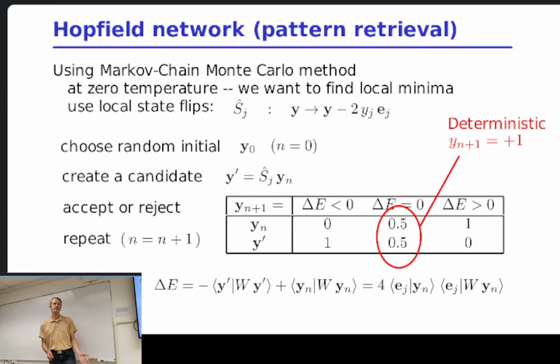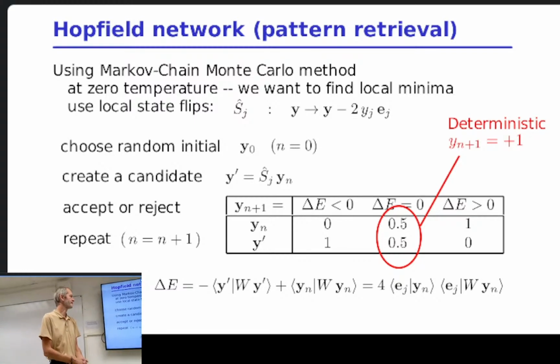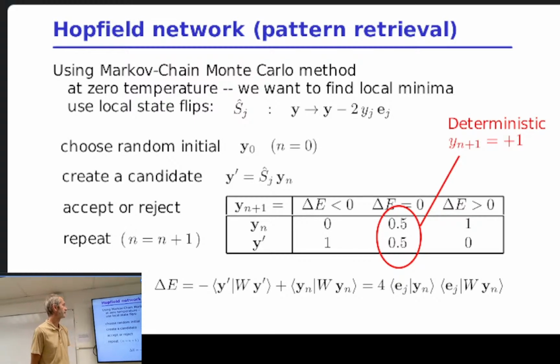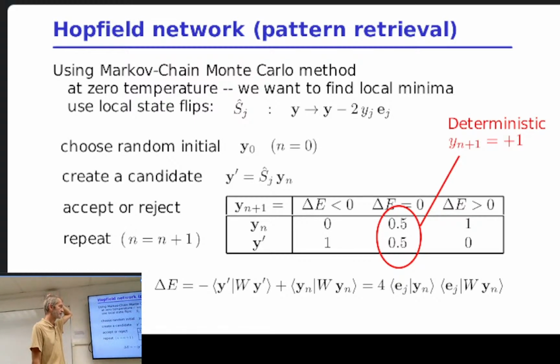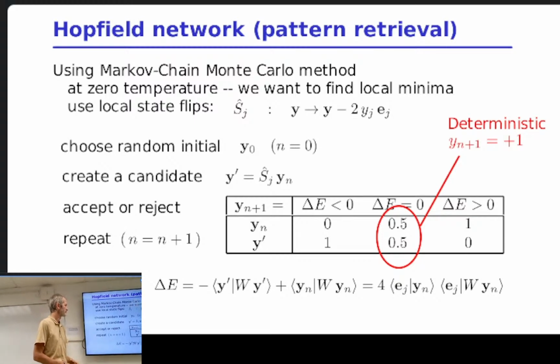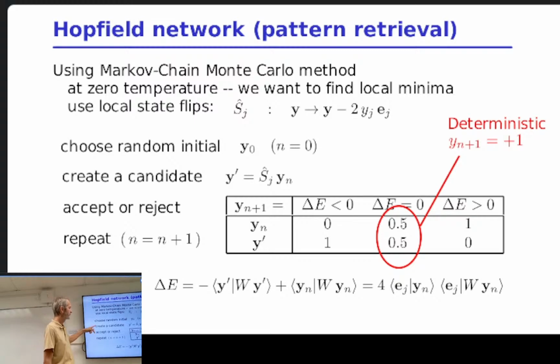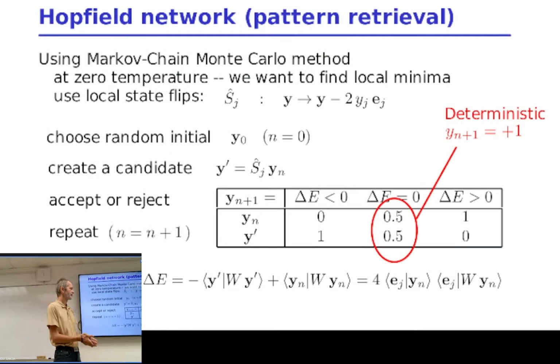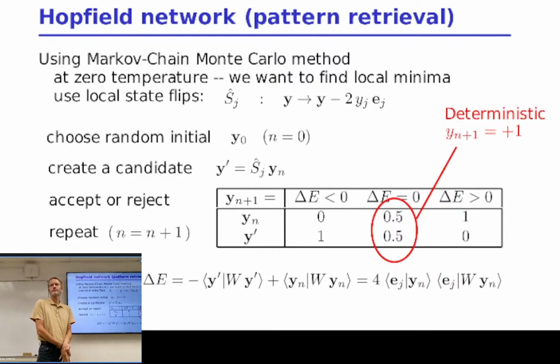Now we want to put ourselves in the position that we don't know anything about the pattern stored. That's why we choose a completely random initial state, why not? And then we do these local changes and repeat those steps until we are at the local minimum of the system.